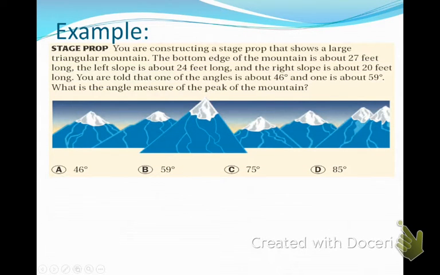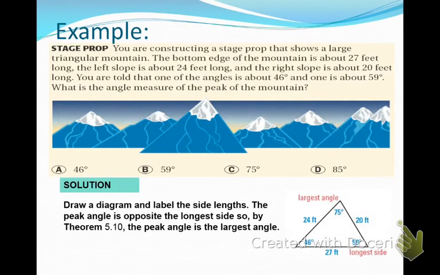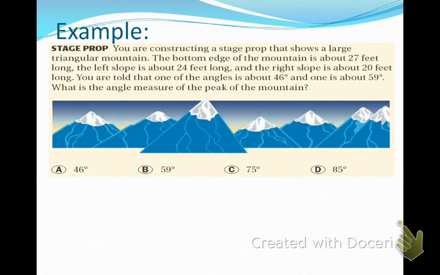So here's an application. You're constructing a stage prop that shows a large triangular mountain. The bottom edge of the mountain is 27 feet long, so let's label that. This is 27. The left slope is 24.